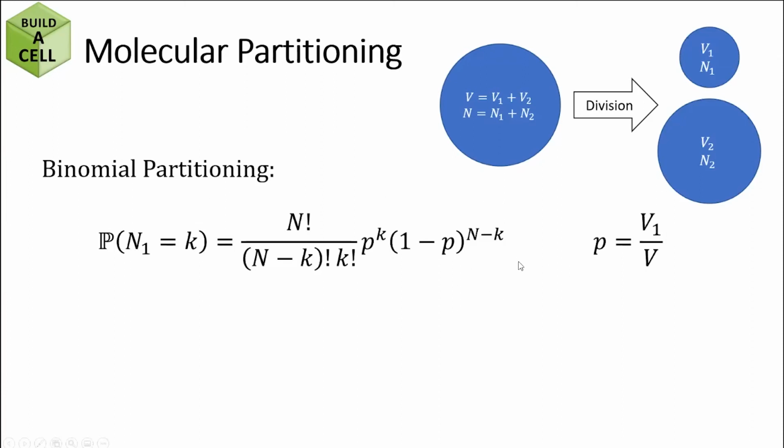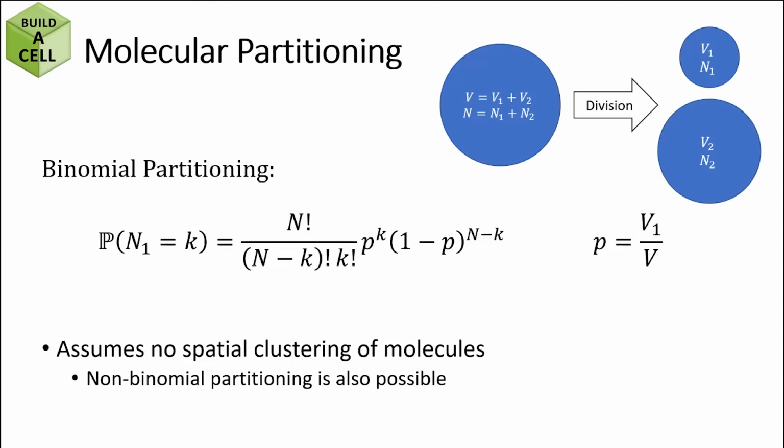And you have this factor p, which is V1 over the total volume, which is basically saying that if V1 is smaller than V2, p is smaller than 1 minus p, and I have a larger probability of going into the larger volume. So this is just saying that my probability should be proportional to my relative volumes.